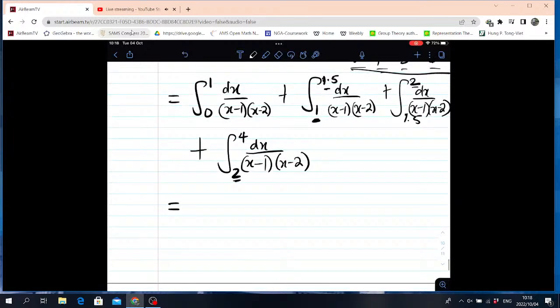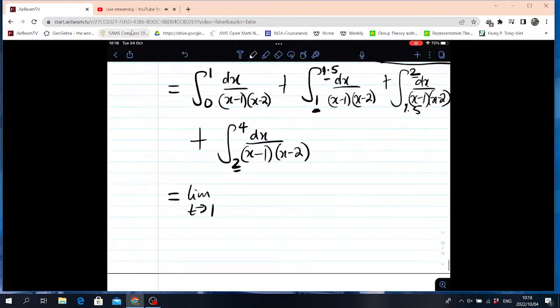And now we are able to write this as a limit, as we have been asked to do in the question.